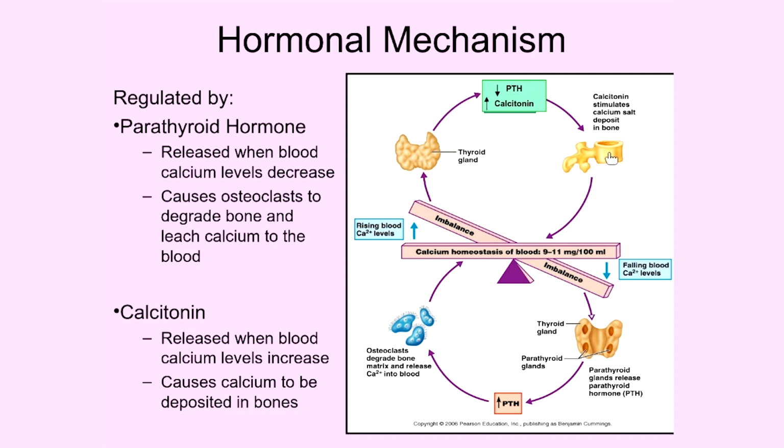Calcitonin stimulates the deposit of calcium in the bones. So it's strengthening the bones by doing so, but the other effect of this is that it's going to bring our blood calcium levels back to where they need to be so that the heart can function properly and the diaphragm can function properly and all of the other muscles of the body can contract properly as well.